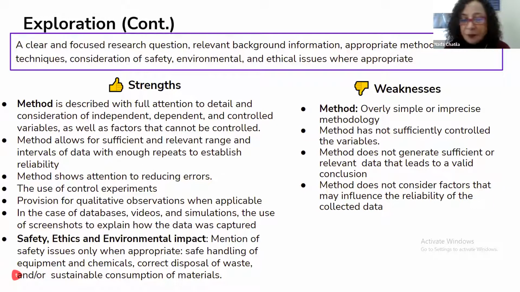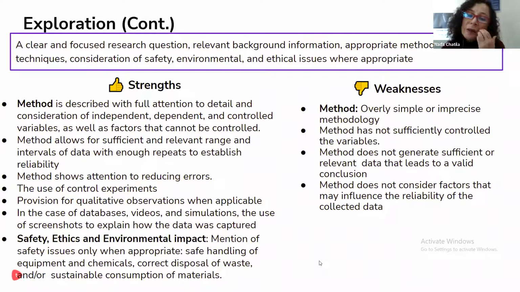With regard to the safety, ethics, and environmental impact, we mention it only when appropriate, like safe handling of equipment and chemicals, correct disposal of waste, and or sustainable consumption of materials.